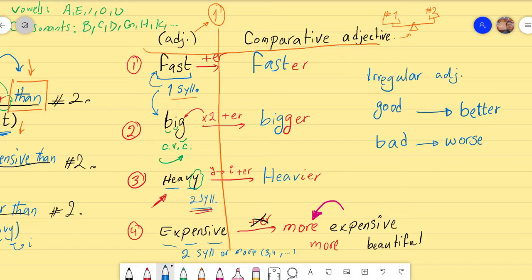Worse. These two are enough. So we have good, which is better. The comparative adjective is better, and we have bad. The comparative adjective is worse. For example, I say the pizza in this restaurant is better than the pizza in the other restaurant. So this is about comparative adjective.